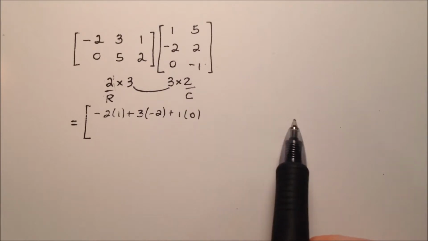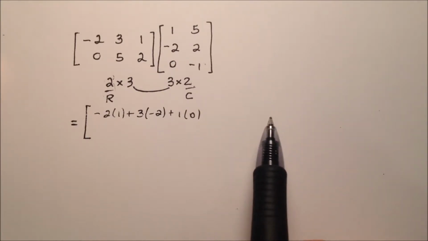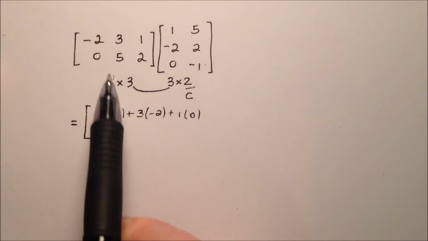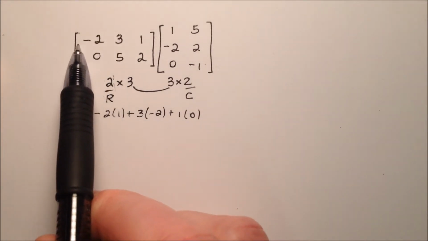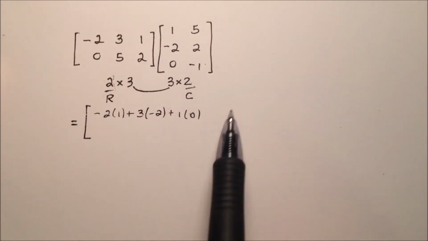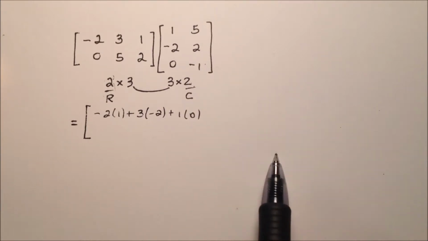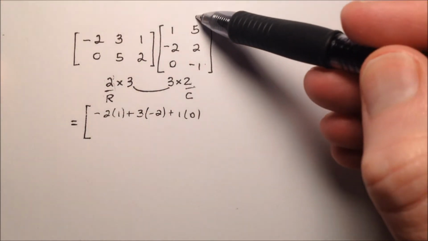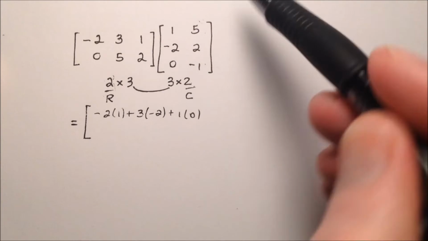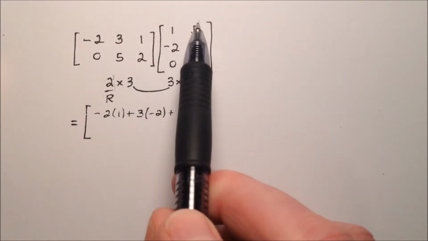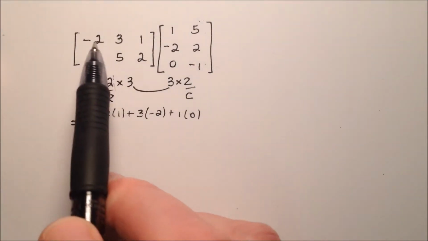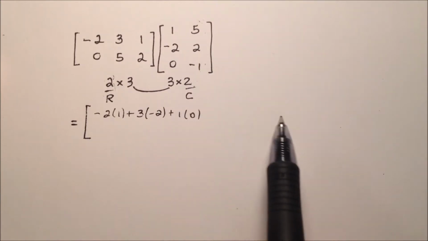Well, if we slide over here and do row 1, column 2, what will that look like? I'm still in the first row, so I'm still going to use this first row here. But instead of being in the first column, I'm in the second column, so I'm going to shift over and use this second column. So across the row, down the column. So row 1, column 2 is going to go here.